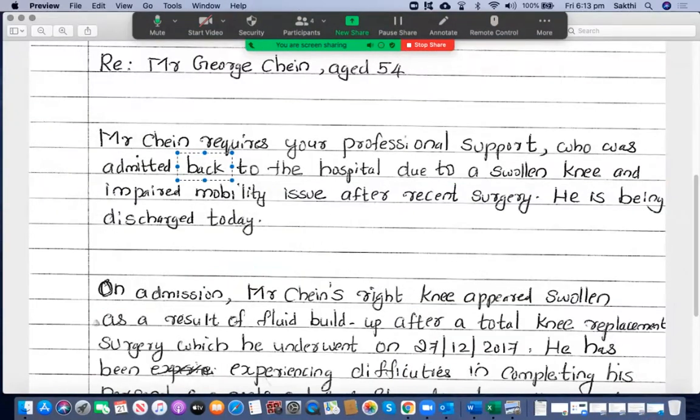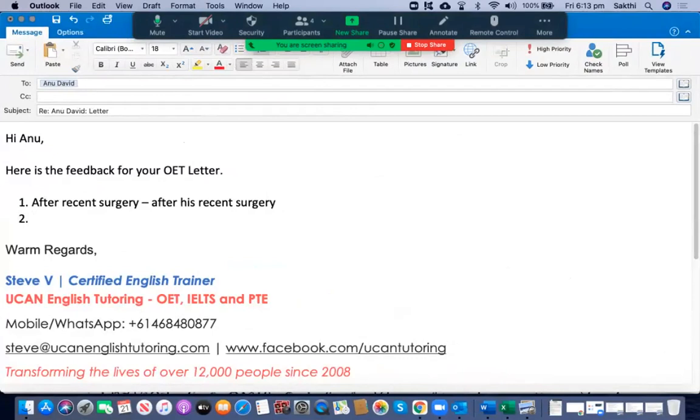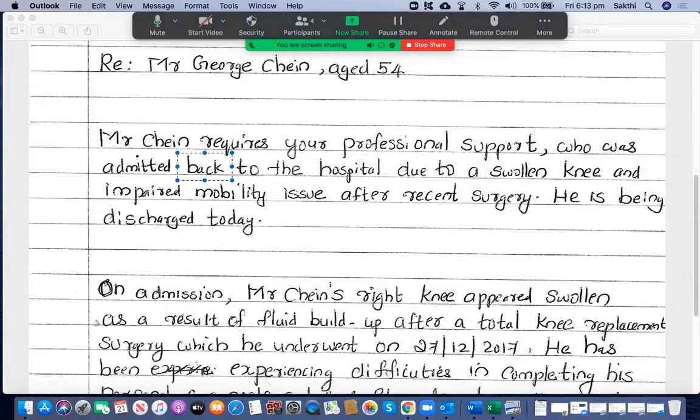As I mentioned, you have to rewrite the phrase. So you can say Mr. Shane, who was admitted back to the hospital due to a swollen knee and impaired mobility issue, I believe.